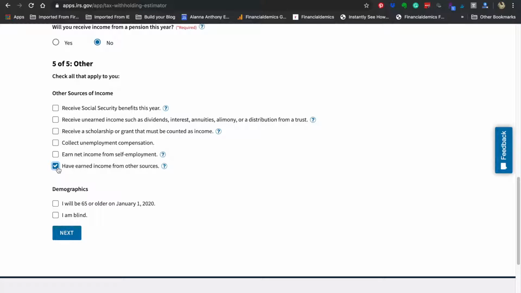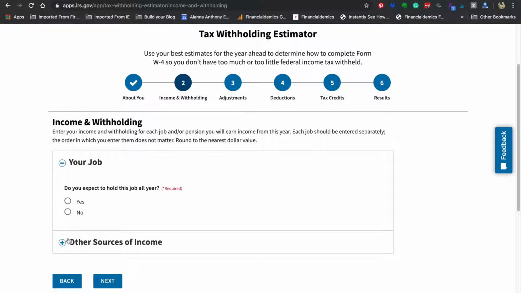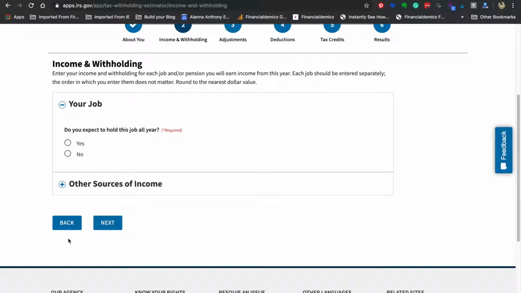So this person does have side hustle income from another source. They will not be 65 or older on January 1st, 2020, and they are not blind. So we're going to leave those unchecked and we're going to click next. So then we go into the section about income and withholding.